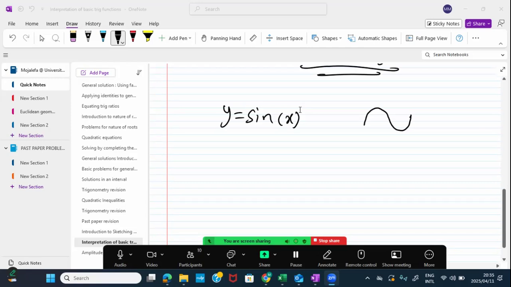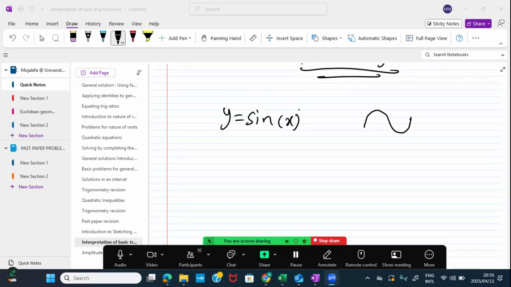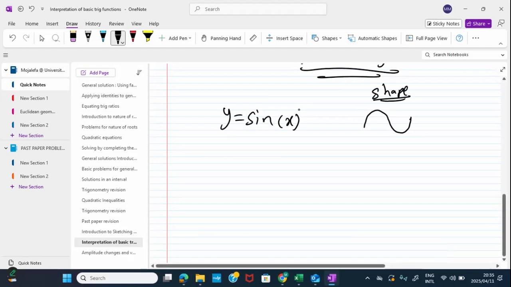Do you not remember? Is this not the shape? It is, sir. Yes, hence I'm asking you. So this is the shape of sine x.